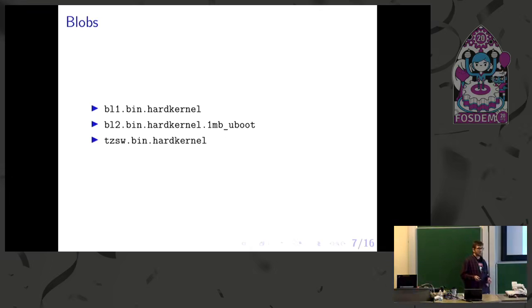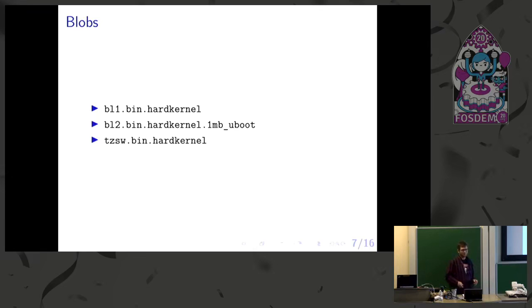The TrustZone blob appears to be doing nothing because there are a lot of null bytes, so we don't have source code for it. It doesn't behave wrong, and we don't have any problems with it.